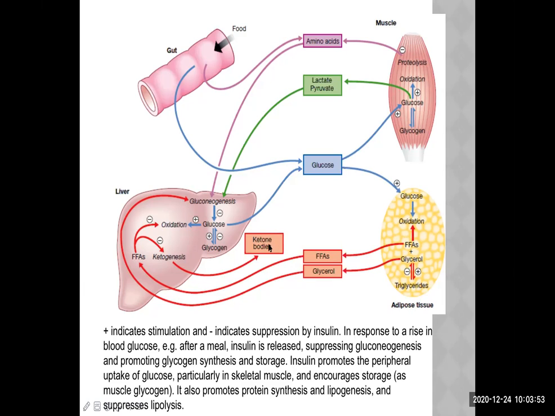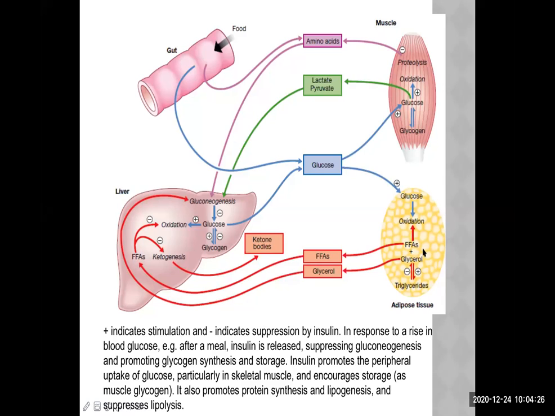So these ketone bodies are synthesized by our liver. But what is the stimulation to synthesize this ketone body? You need to understand it right now. So please focus. Whenever we have availability of free fatty acid by breaking down fat, then only these ketone bodies are synthesized. So when there is an insulin deficiency state, then only this can happen, because insulin will inhibit lipolysis.